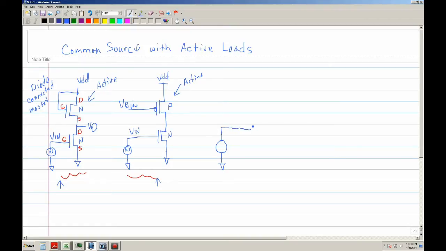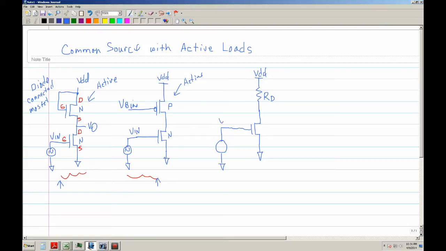Let's say we have a regular N channel with no resistor at the source, and instead let's put a resistor at the drain and we'll call it RD.